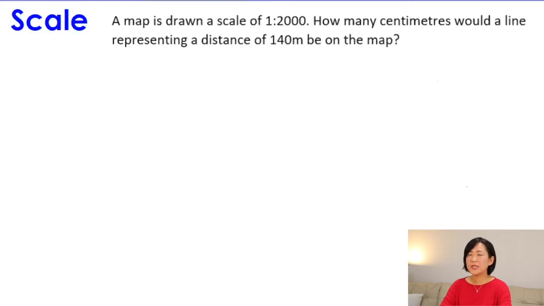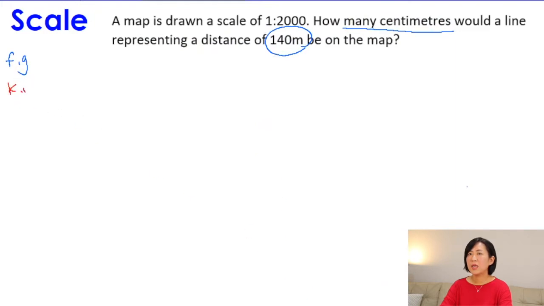So this question is about the map scale. A map is drawn on a scale of 1 to 2000. How many centimeters would a line representing a distance of 140 meters be on the map? So let's think about our final goal: finding how many centimeters will represent the real distance of 140 meters.